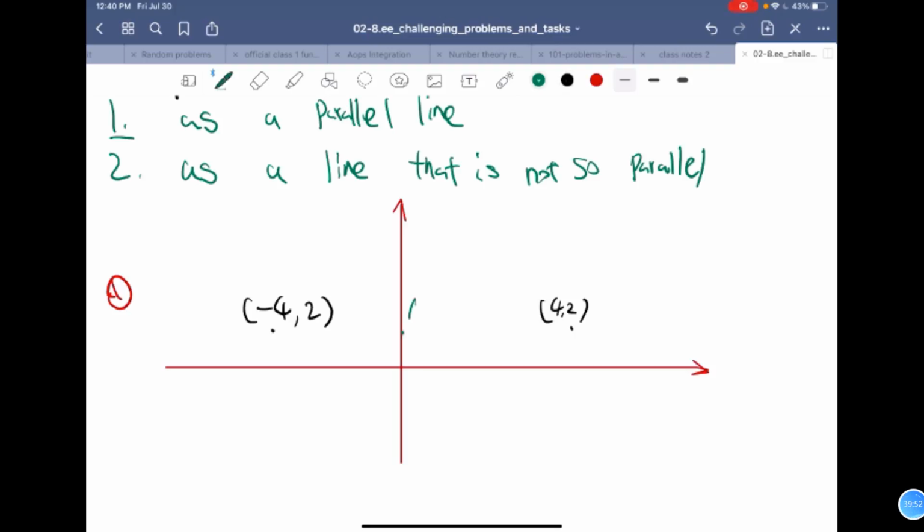Easy money. (0, 2). How so? Because they're all on the same y coordinate, and then the midpoint of 4 and -4 is 0 on the x coordinate. On the y coordinate, they're all the same.